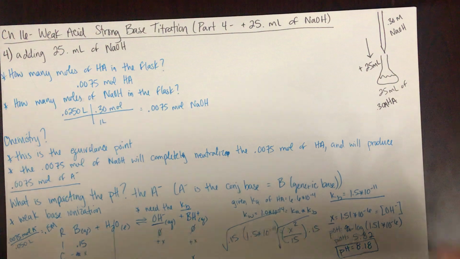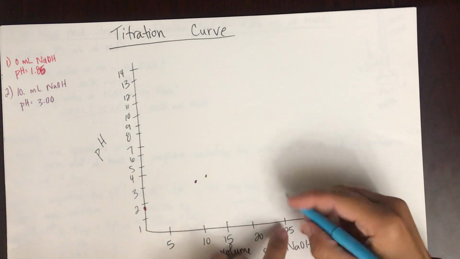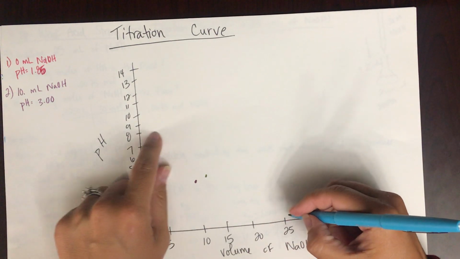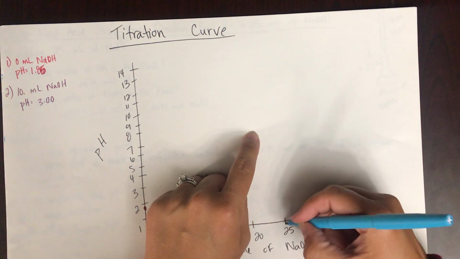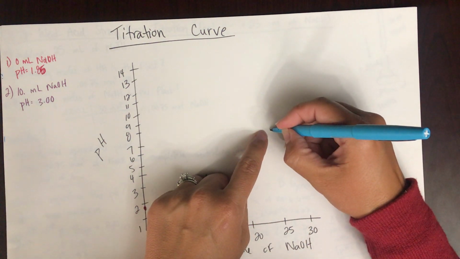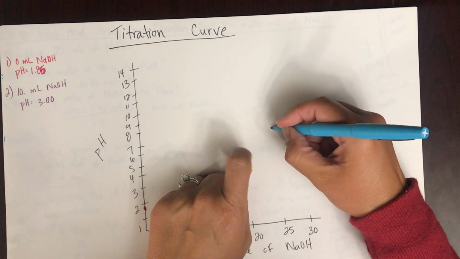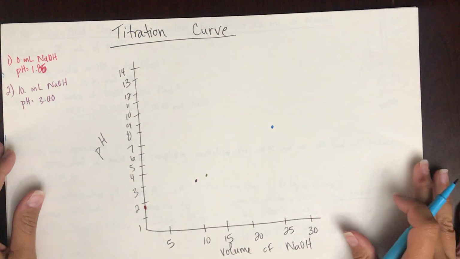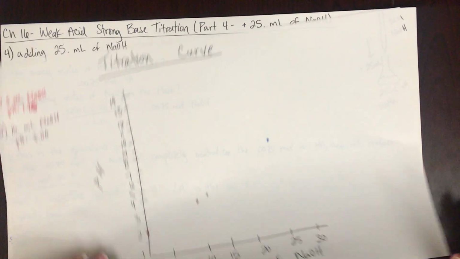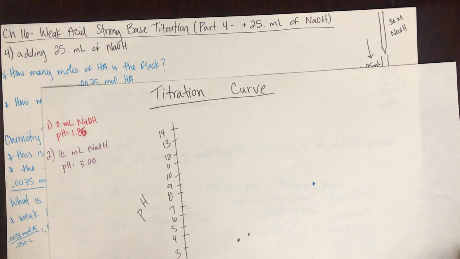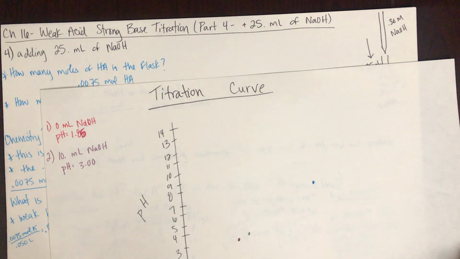Okay, so after adding 25 milliliters, we are at 8.18. We'll say that's right about here. There's step 3. No, step 4. Where did my step 3 go?